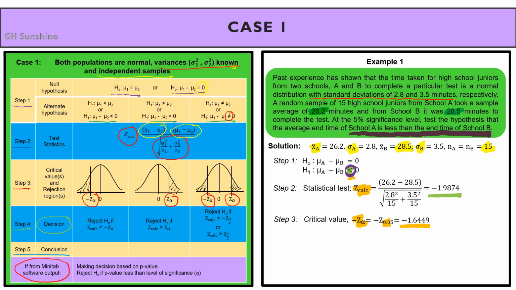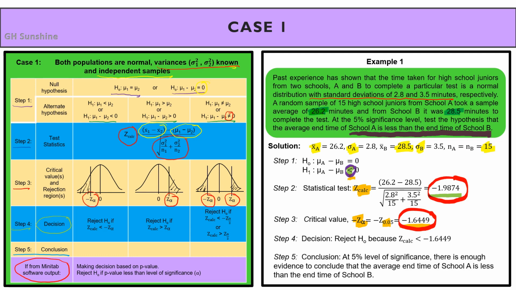Step number 4, make a decision. So what is the decision? Reject H0. Why? Because the Z calculation value is less than the critical value. You can also construct the rejection region.